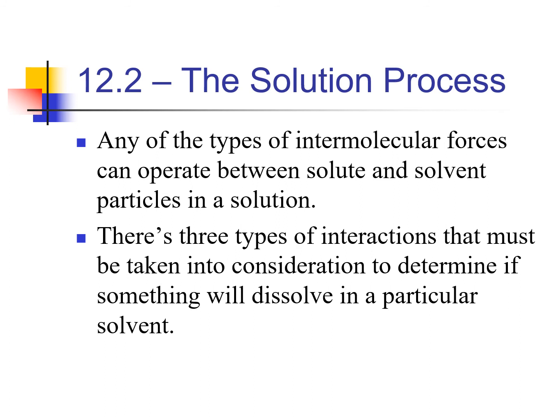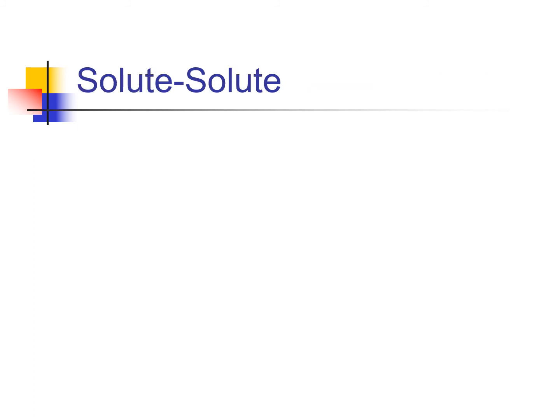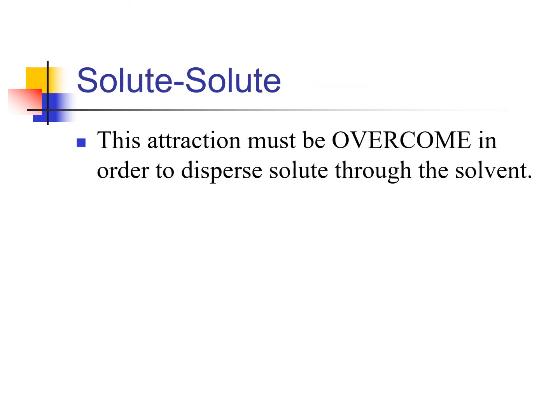But there are 3 interactions we have to consider to determine if something will dissolve. First, solute to solute. Let's say you're trying to dissolve something in water. You have to overcome the solute-to-solute attraction, the solute-to-solute intermolecular force.